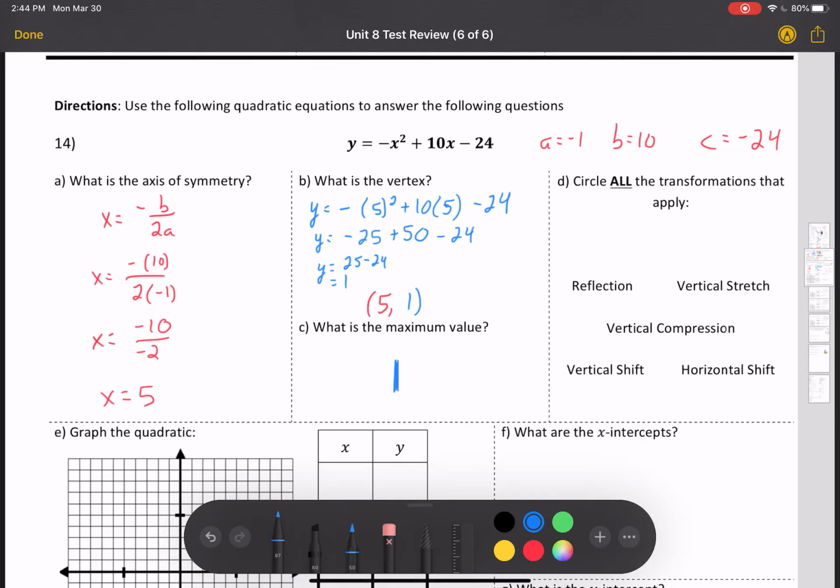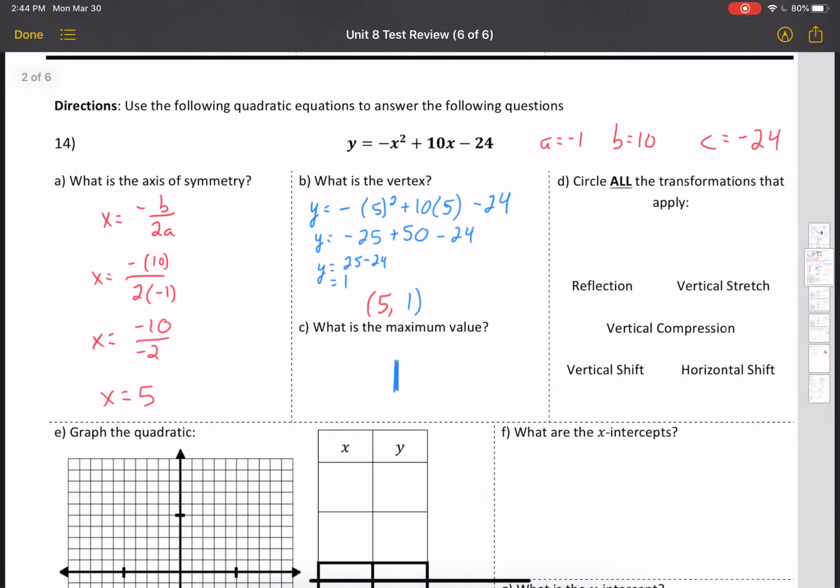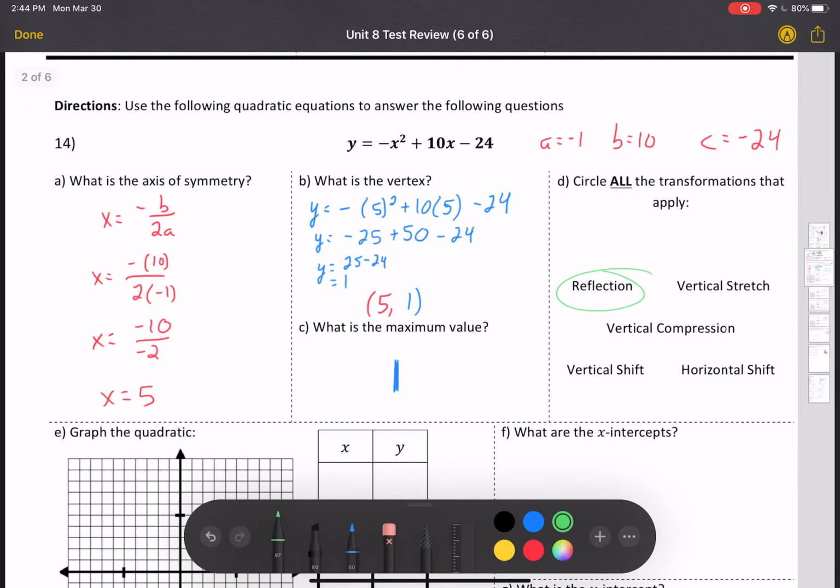Okay? So now to circle all the transformations that occurred here. What we're going to do is we look at the a value. The a value is negative. So because it's negative, I know it's a reflection. Okay? Is the a value bigger than the absolute value of 1? Okay, notice how the absolute value of a, which just means the positive version of it, is 1.